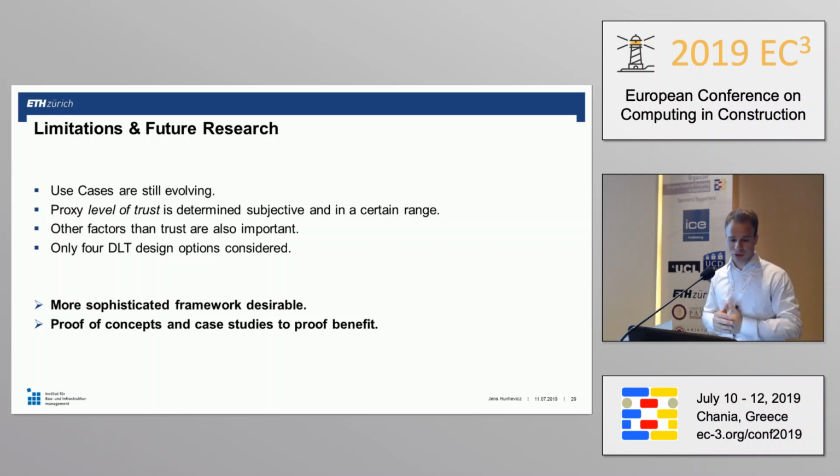So still a more sophisticated framework is desirable, and also with more DLT design options. I have these 4. Of course, you can consider hybrid solutions, there is more, and it gets very fast, very complex. And the use cases are still evolving. This is a moving landscape right now. It's a very new topic in construction.